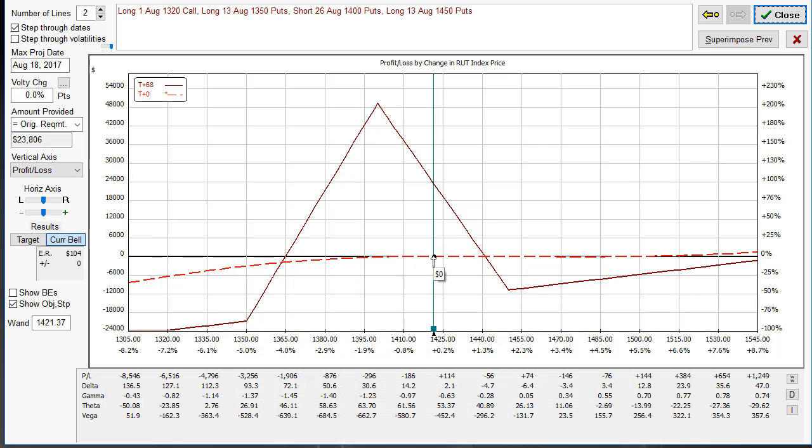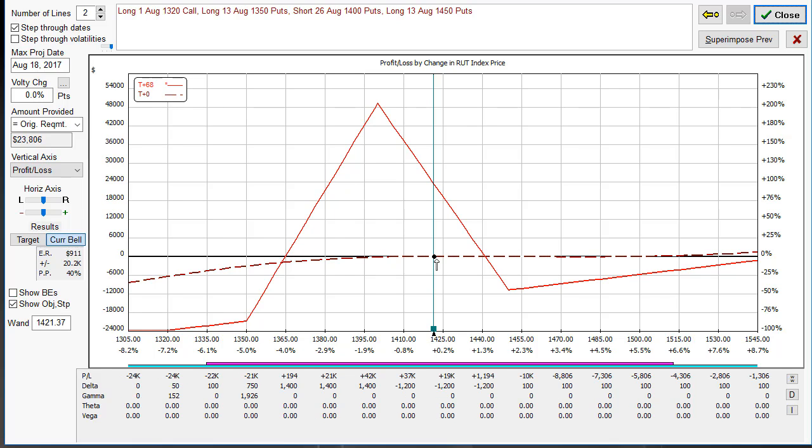So there will be no misunderstanding or no misinformation or no mystery on how this trade is supposed to react.